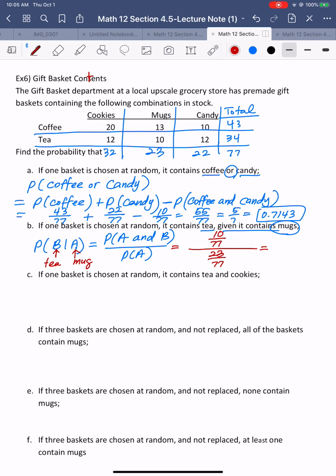If you simplify, it becomes 10 over 23, which is 0.4348.